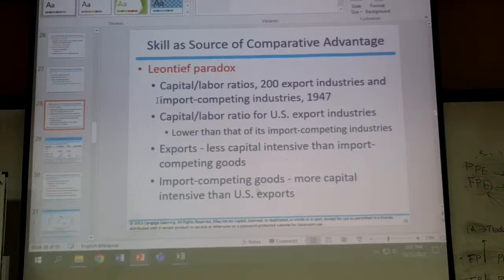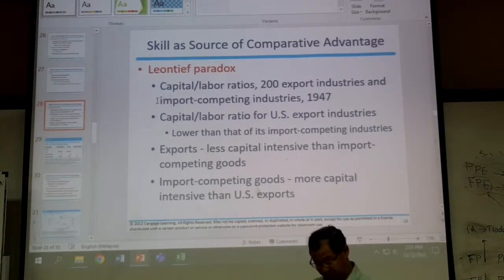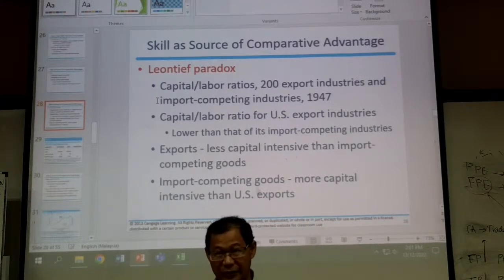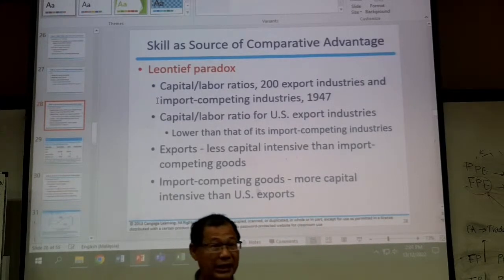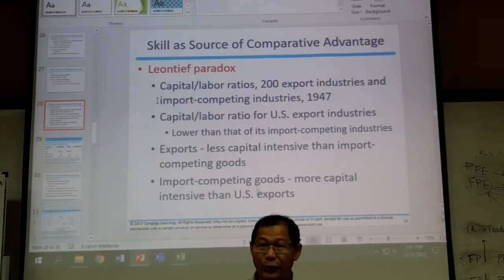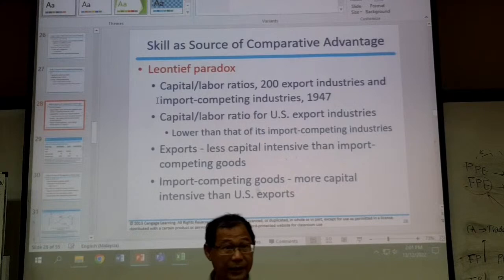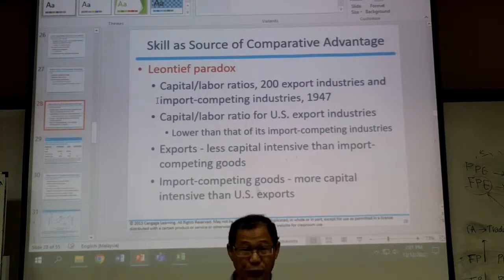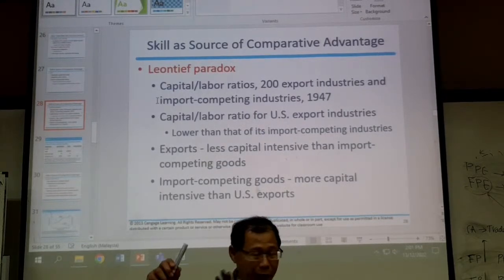The magnification effect. So now finish. Stolper-Samuelson, with my drama and everything, explains to you that the son who is going to work in Singapore has no need to go to Singapore.